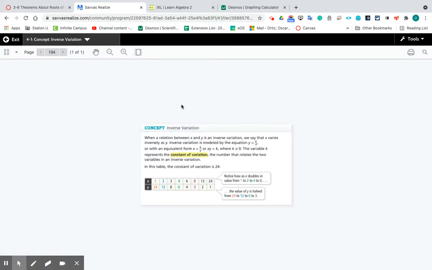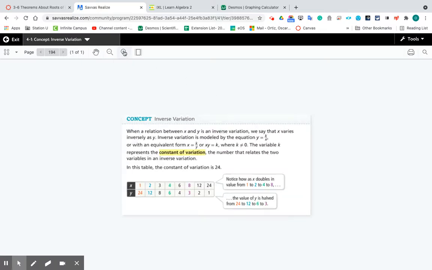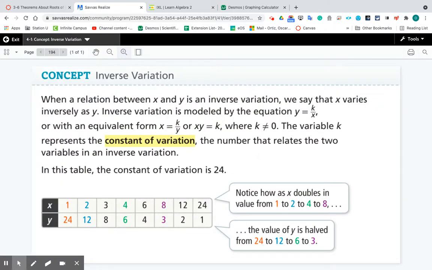But before, we want to talk about a concept. So when a relation between x and y is an inverse variation, we say that x varies inversely as y. Inverse variation is modeled by the equation y equals k over x.